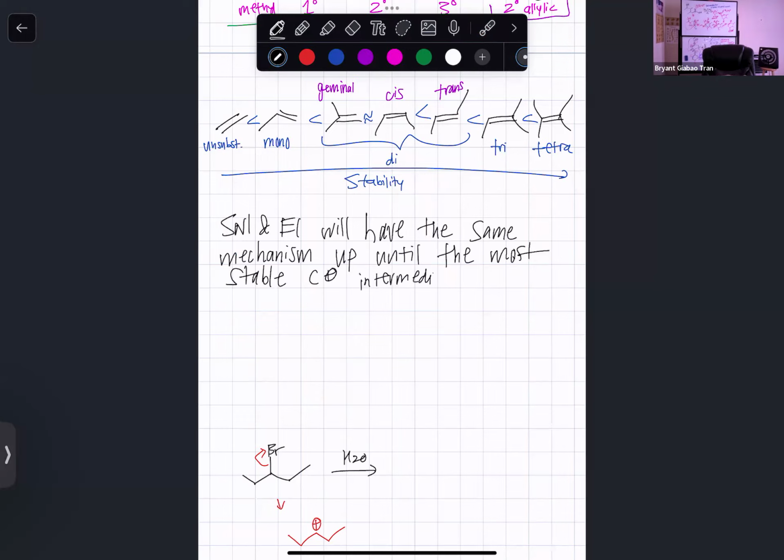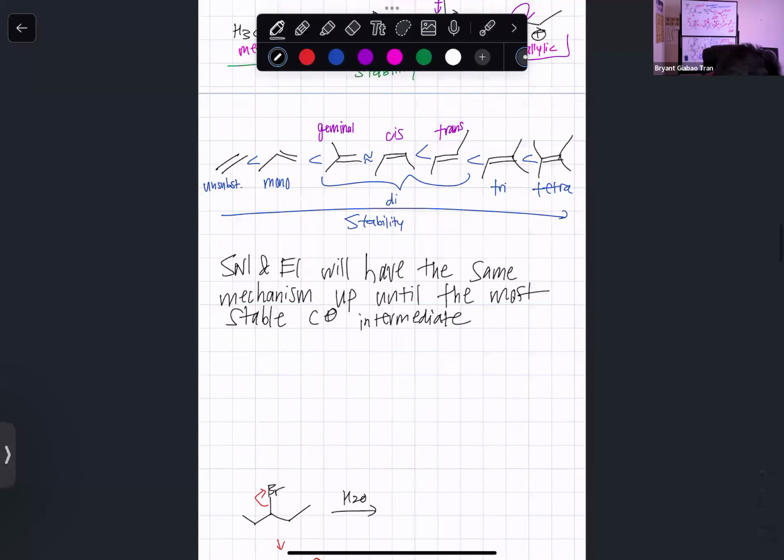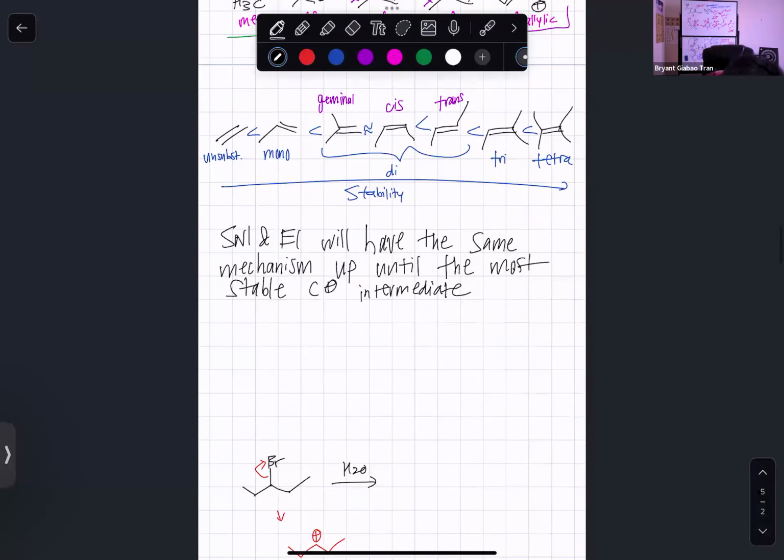So we could speed run the beginning mechanism because we already did it for SN1. So this is going to be E1 now, focusing on E1. Leaving group leaves, forming a carbocation where the carbon lost the bond.